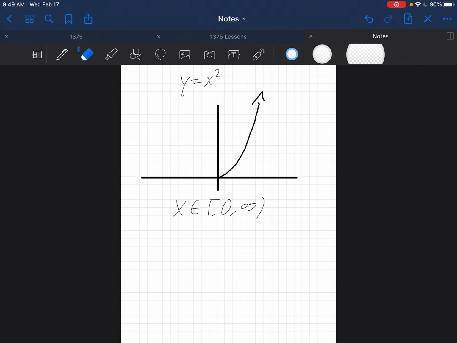Because now we're only looking at x values that are positive, basically the right half of this graph, and now this is a one-to-one function.